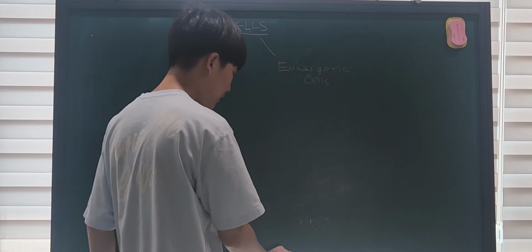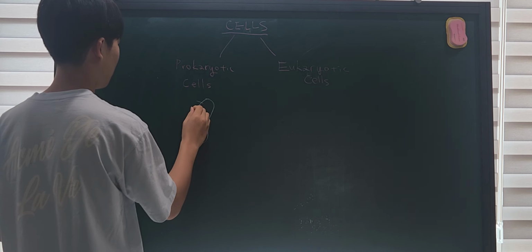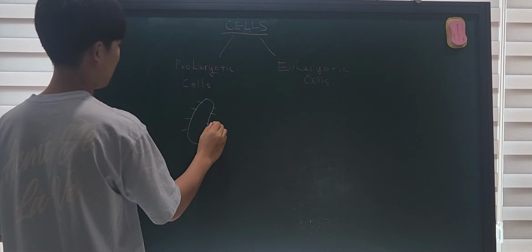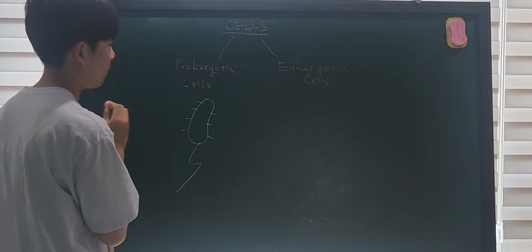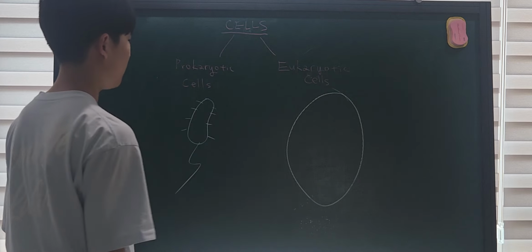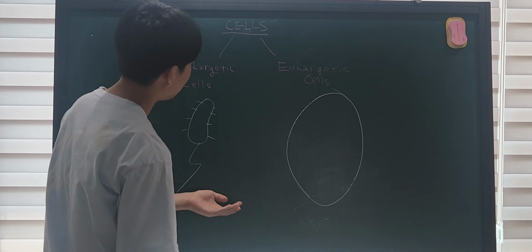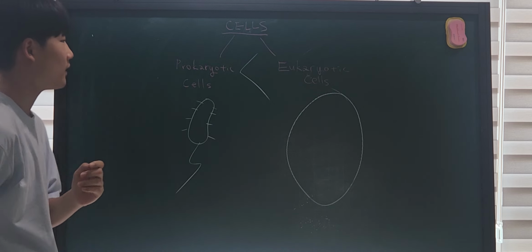To draw a picture of these two, the prokaryotic cell looks like this, the eukaryotic cell looks like this. As you can see, the size of the eukaryotic cell is way bigger than prokaryotic cells.